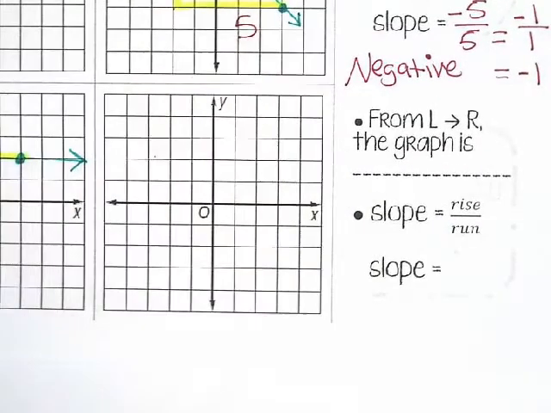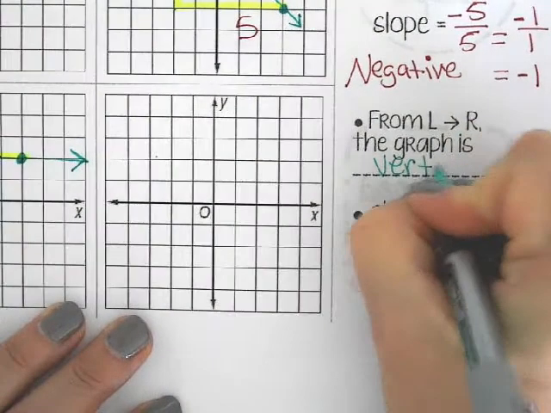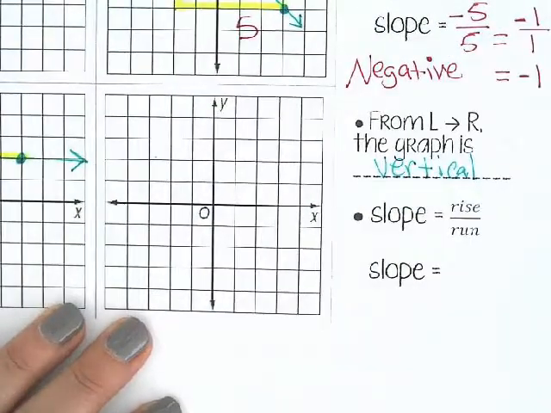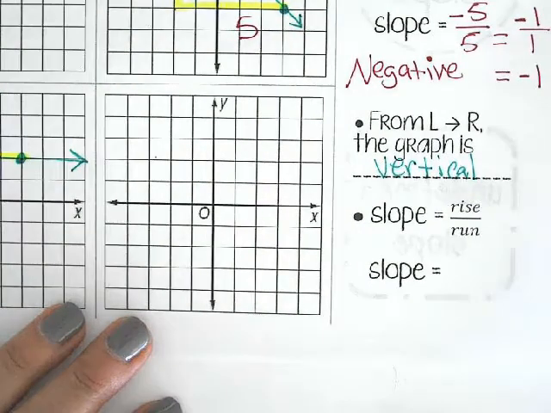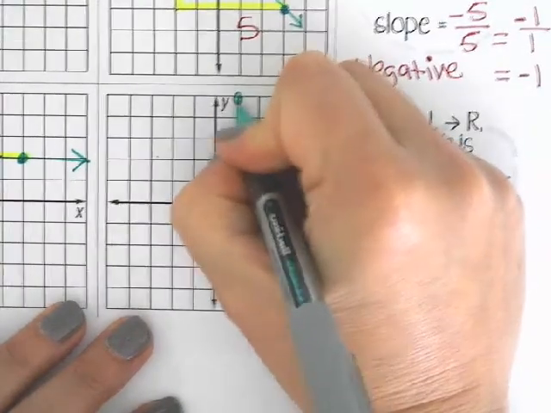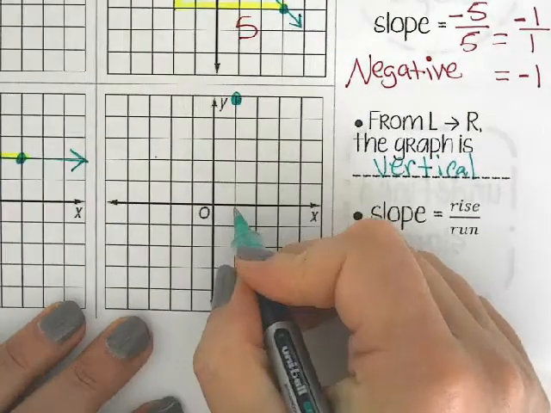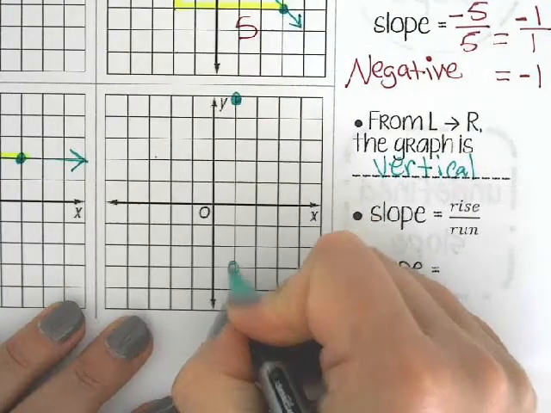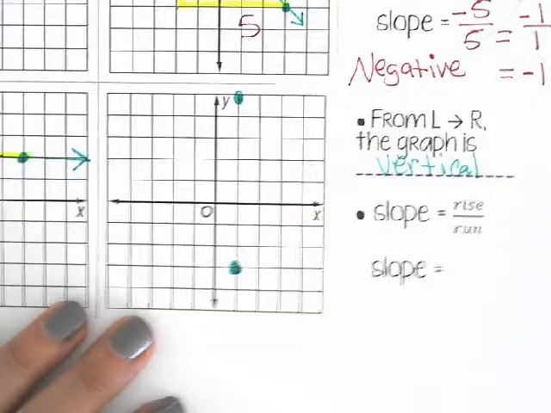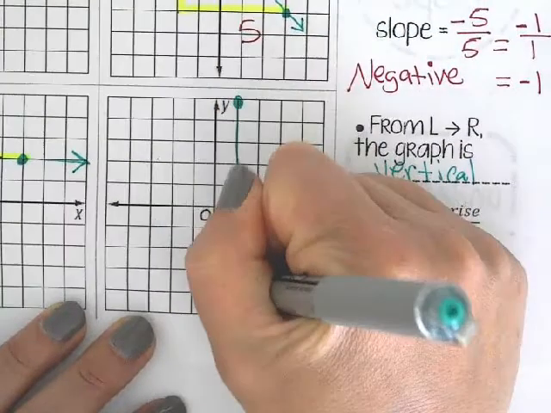And then my last graph, from left to right, the graph is vertical. My 2 points are going to be 1, 5, and then 1, -3. I'm going to draw a line through my 2 points, put arrows at the end of my line.